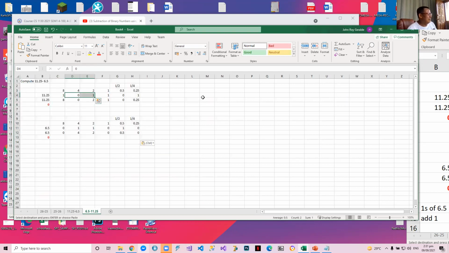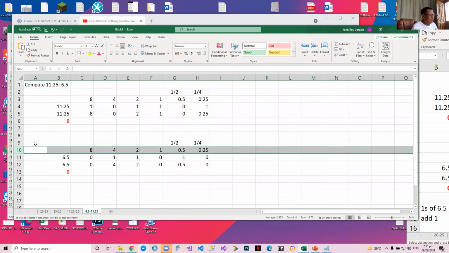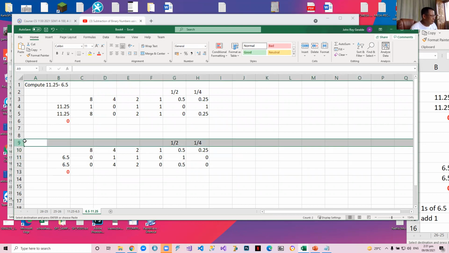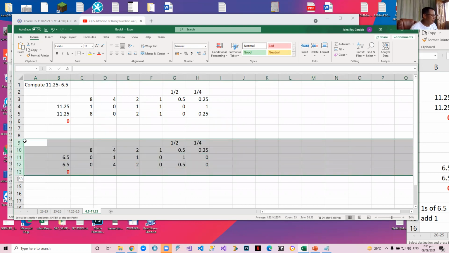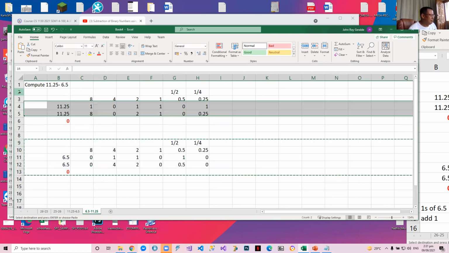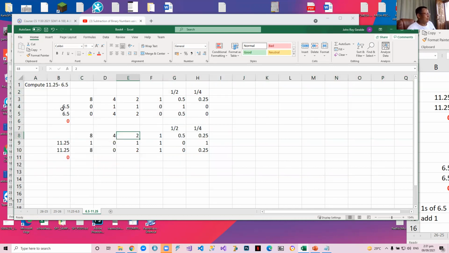Baliktad lang naman sila. So we'll cut this. This is the 6.5. We will insert the axis. Okay, you follow. This is 6.5. This is now 6.5 minus 11.25.